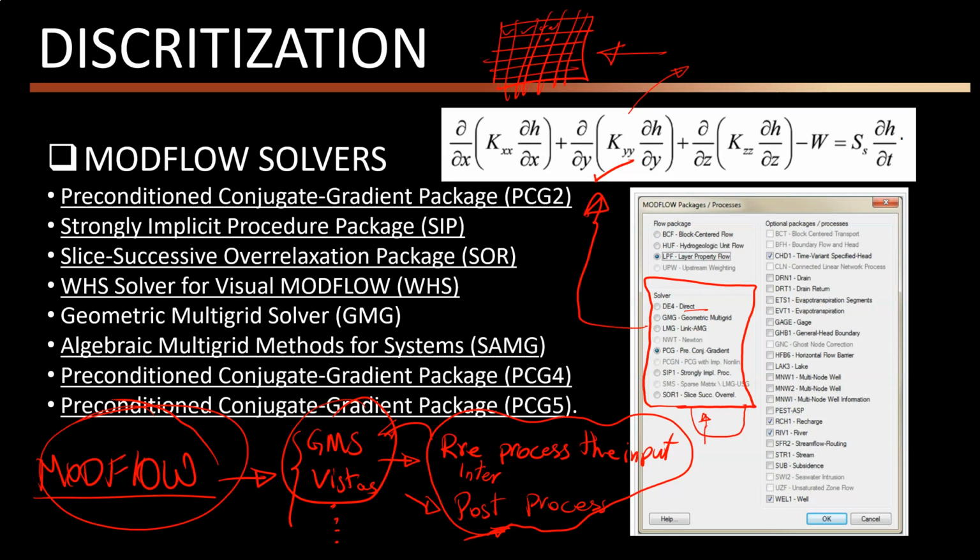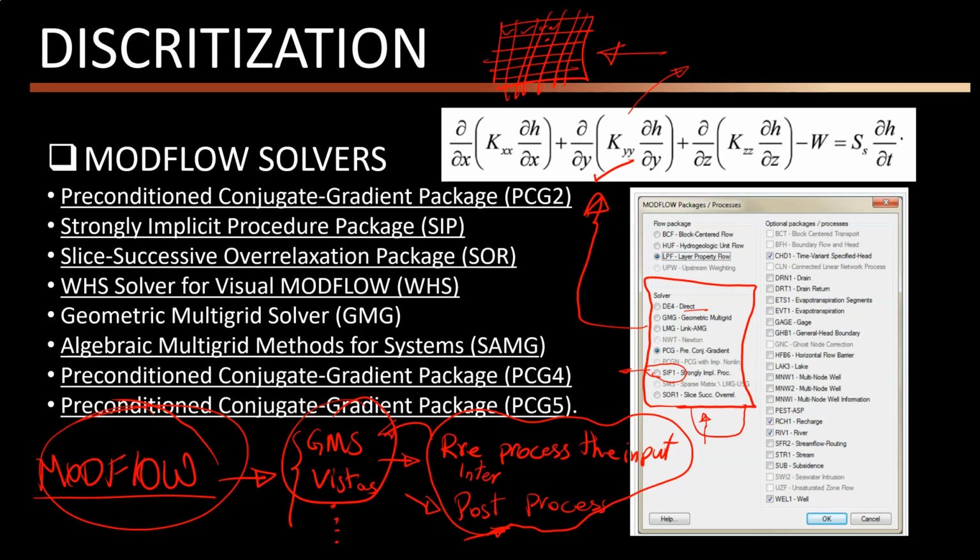But each of these solvers has advantages and disadvantages. For example, some of them may converge, some of them may not. Some of them are fast, some of them are slower. If I'm not wrong, this year I think this is the only solver which we can use with a parallel computational system to solve our equation.